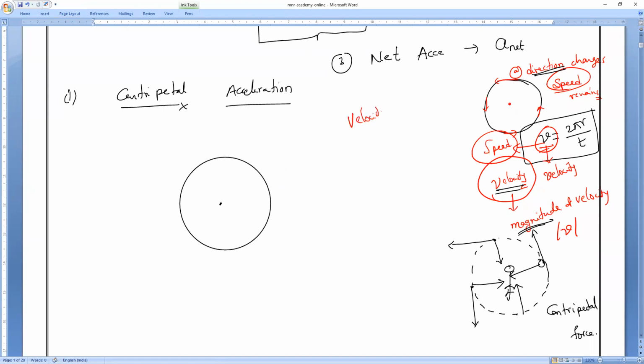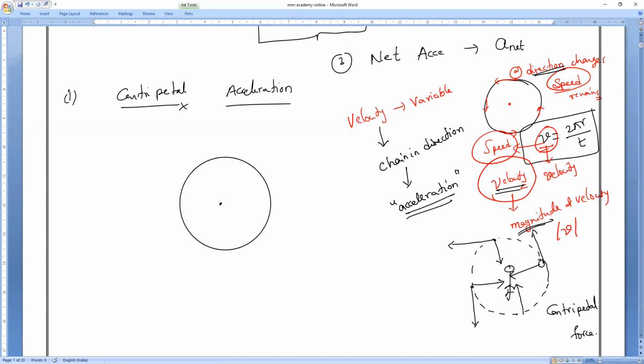Even though the speed of the body is constant, what changes at every point? The direction. If the direction changes, the body is said to be in accelerated motion. That is what you have to remember.